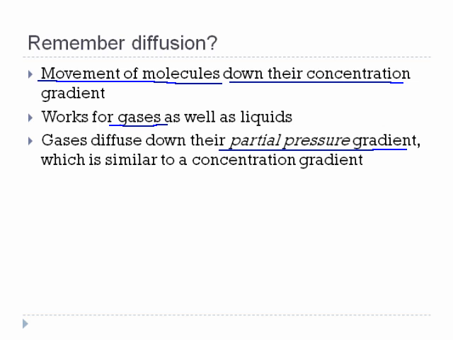Because a lot of times you can't see gases, when physicists are working with gases to figure out how much of a gas they have, they figure out its partial pressure. But it's still a measure of kind of the concentration of the gas. And the gas will move down its partial pressure gradient from an area of high partial pressure to an area of low partial pressure.